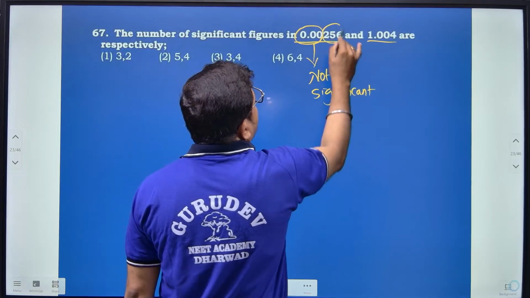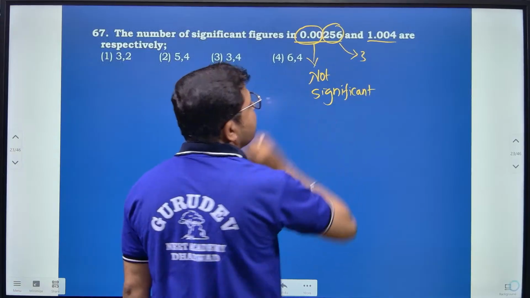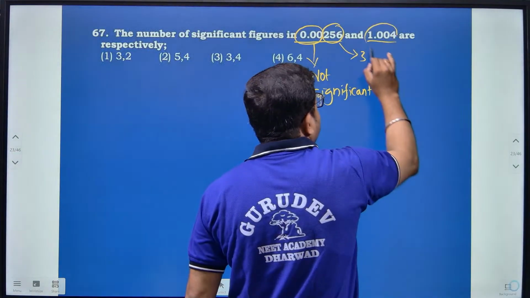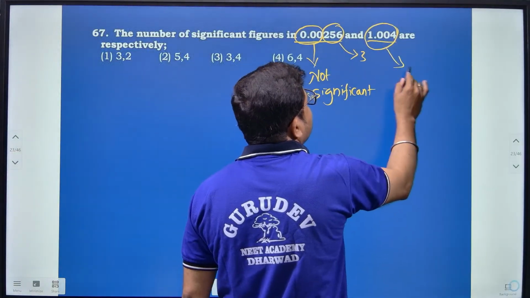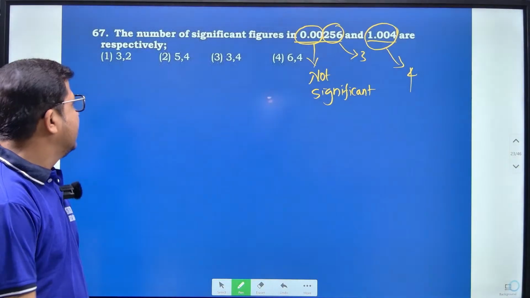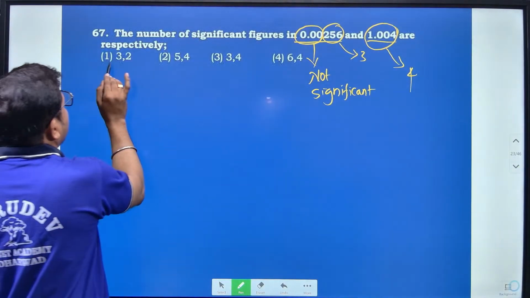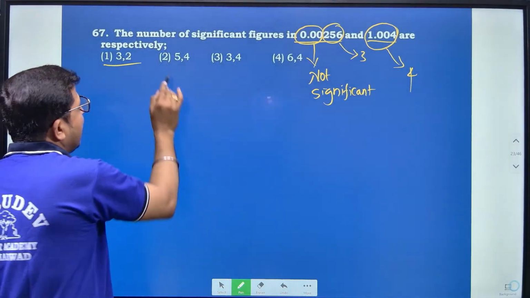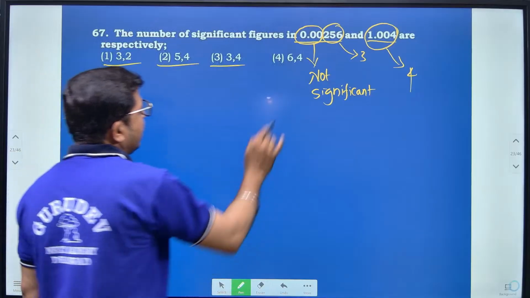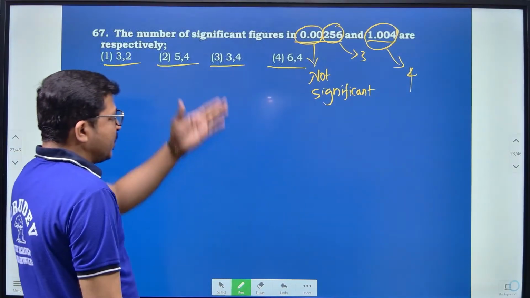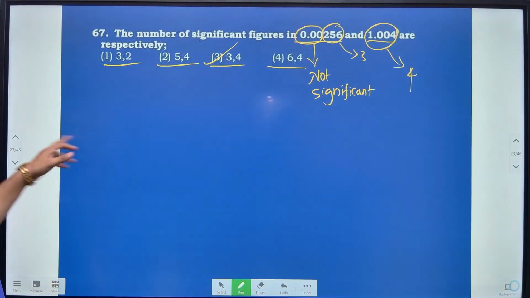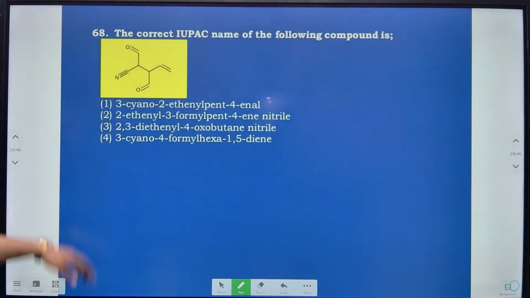Hence, only 3 digits are significant, and zeros between non-zero digits are significant. Hence, there are 4 significant figures. Therefore, here they are given option number 1, 3, 2, option number 2, 5, 4, option number 3, 3, 4, and option number 4, 6, 4. Therefore, option number 3 follows, that is 3, 4. Hence, the right option is 3.